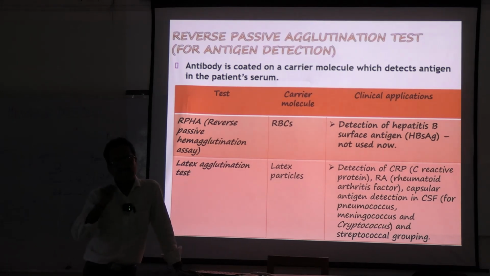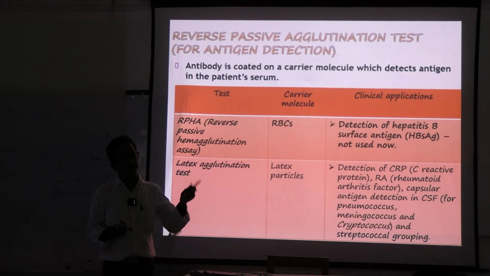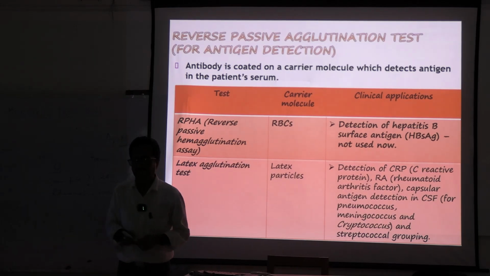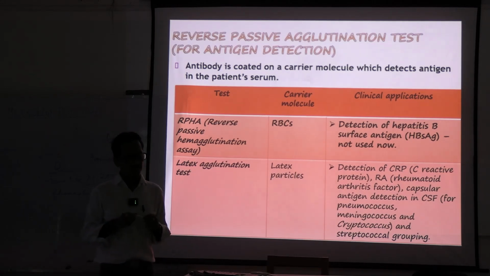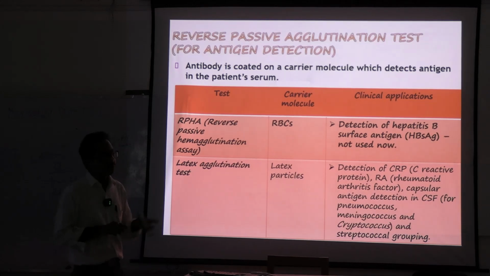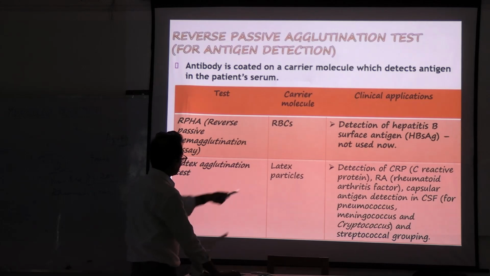And what is the example? Only one test was previously very important, done by RPHA, that is hepatitis B surface antigen. HBsAg was previously done by RPHA, reverse passive hemagglutination test. So that's why you should remember. CRP I have already covered.